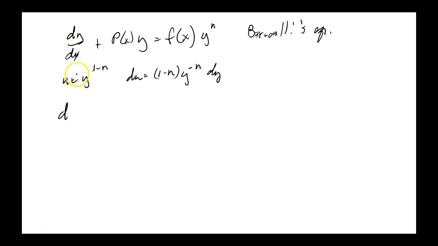Then let's write this as y to the n du over 1 minus n is equal to dy, and this would be u is equal to y times y to the minus n.